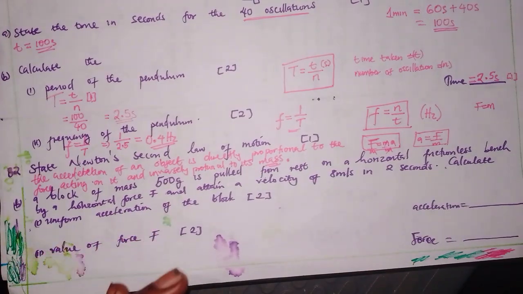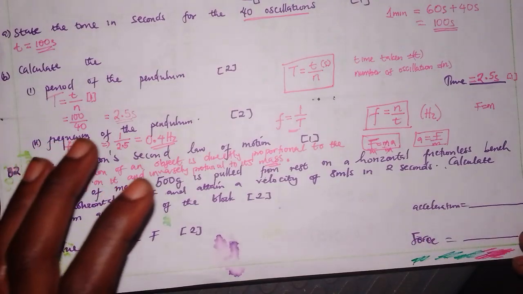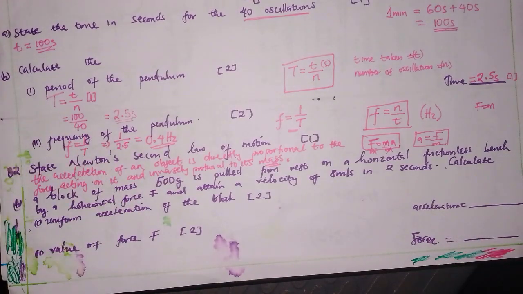So what does this law mean? This law basically means that the acceleration of an object is directly proportional to force, meaning if you increase the force on an object, its acceleration will also increase.